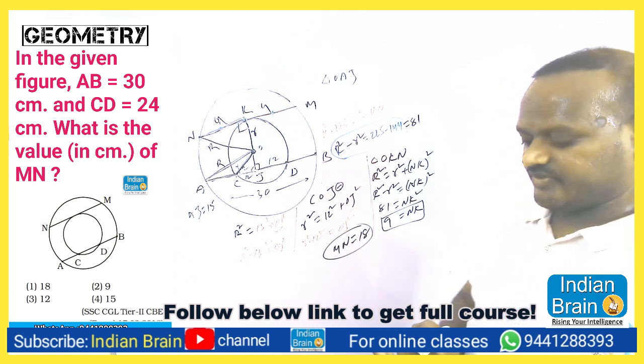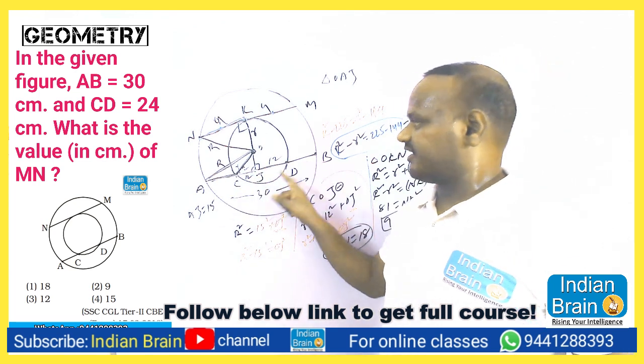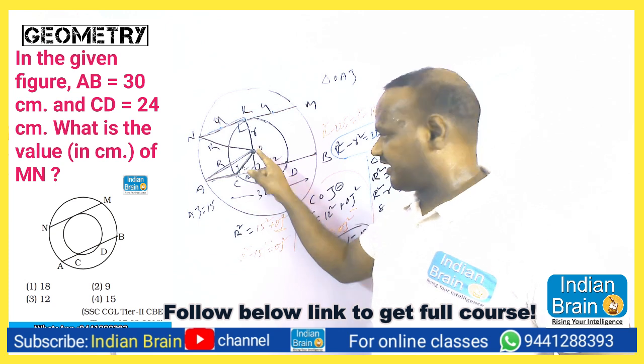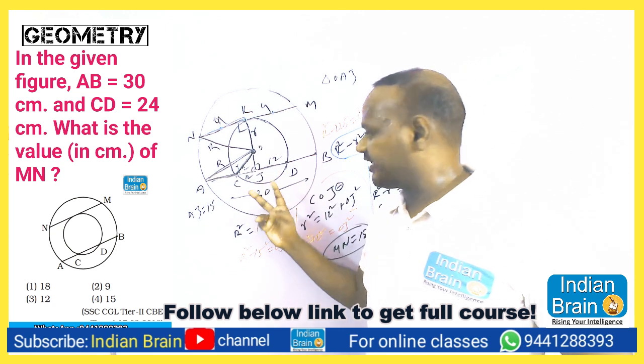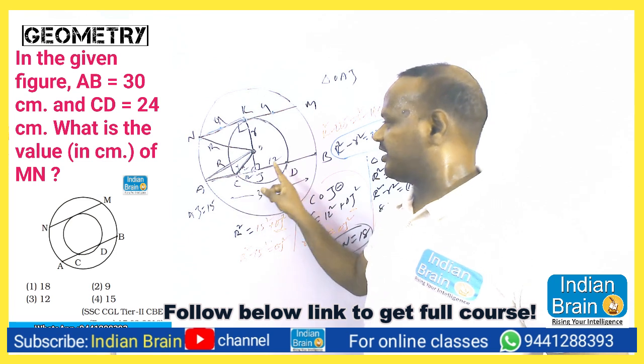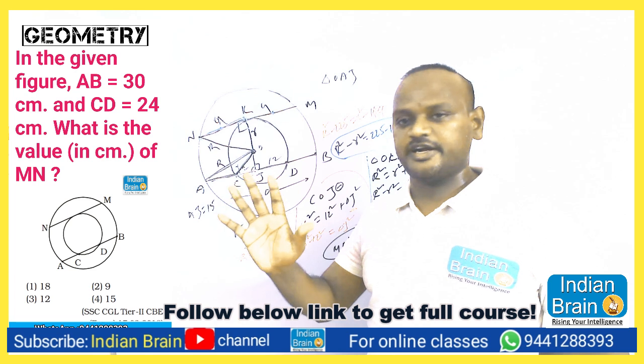This is a basic area. We have very interesting facts, right? For the smaller circle, if I draw a particular line to a curve, it is a perpendicular bisector. That's why CD will be 24 centimeters, it will be 12 and 12. The same way, the total length AB will be 30 centimeters.